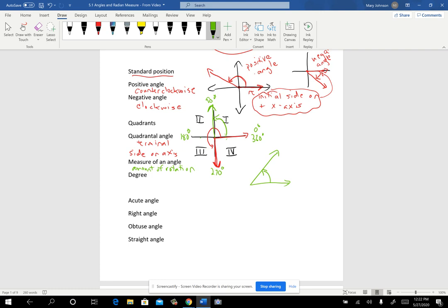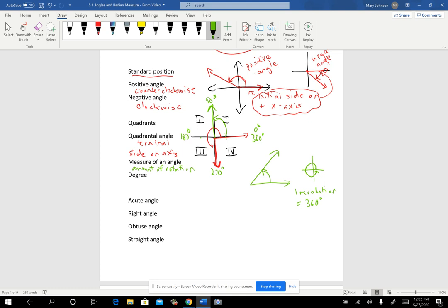Let's say we rotated all the way around. That would be one whole revolution. That would equal 360 degrees. And you're familiar enough with degrees, I think that would make sense.